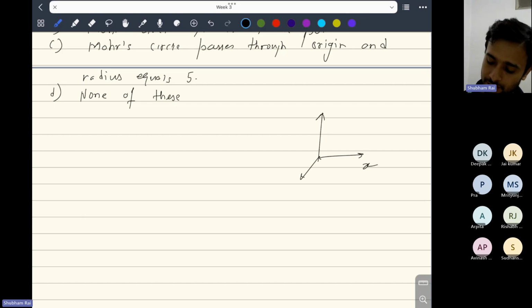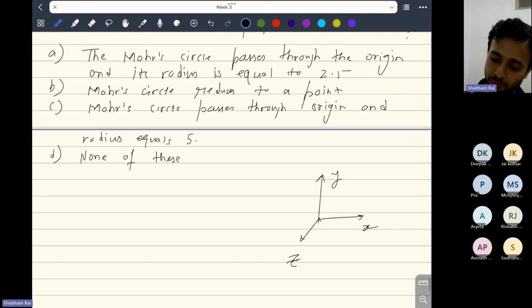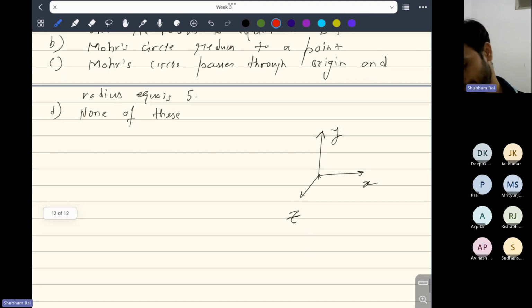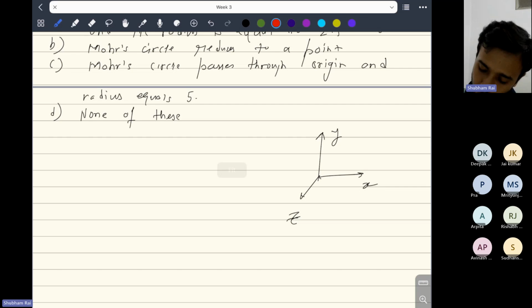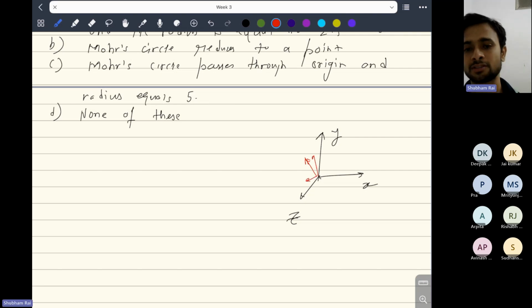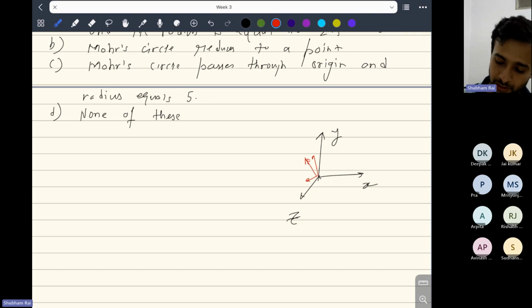Let's say this is your x, this is y, and this is your z. So you will move in YZ plane, right? So all your plane normals will be in YZ plane, so either it will be like this or like this. So you have to draw the Mohr circle in YZ plane.